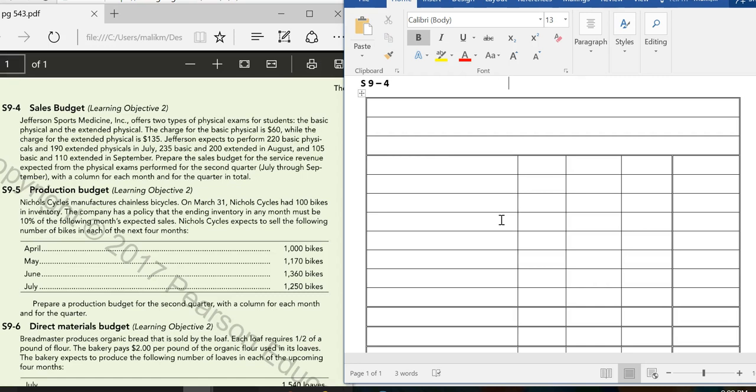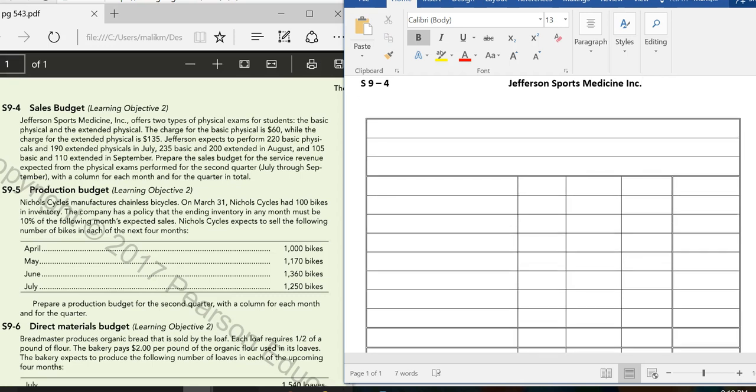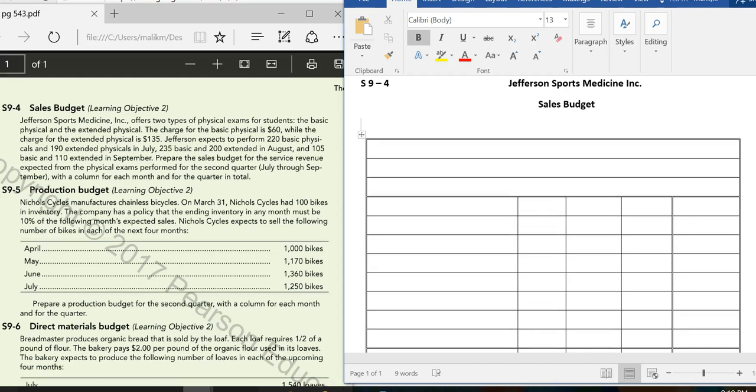So let's do the sales budget for this company. The name of the company is Jefferson Sports Medicine. And we are doing their sales budget, and that's for the third quarter.